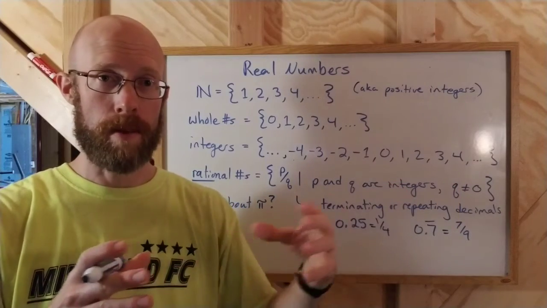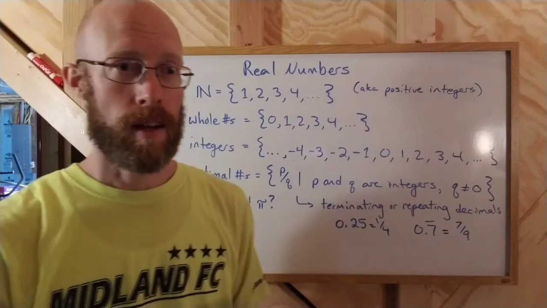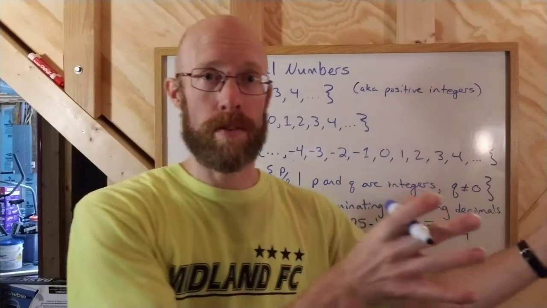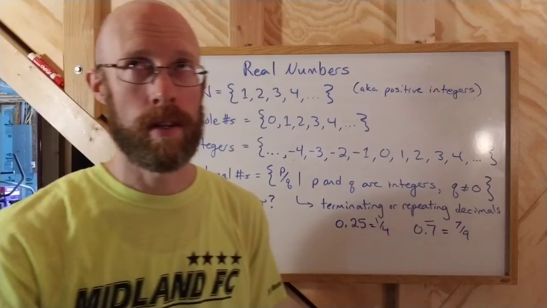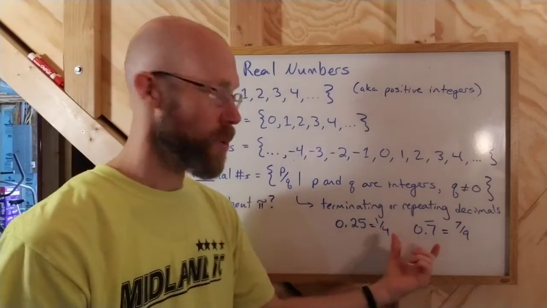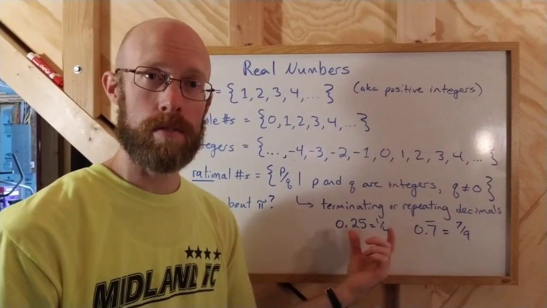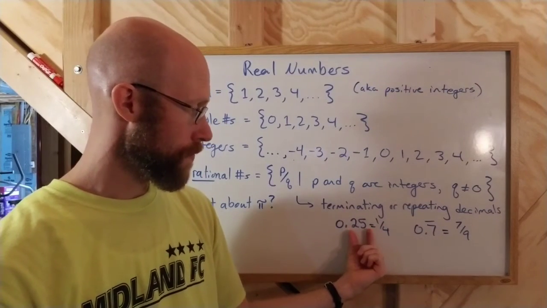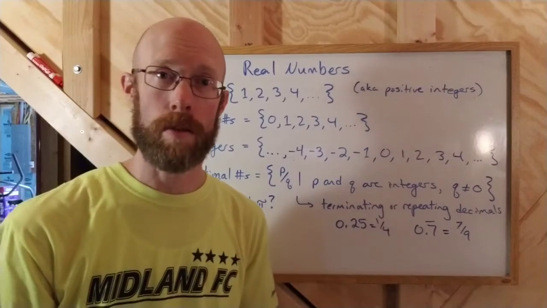It could be the same 6 digits, 583241, 583241, 583241, and so forth. And so anytime there's a repetition, an infinite progression of that repetition, or a termination, it's a rational number.